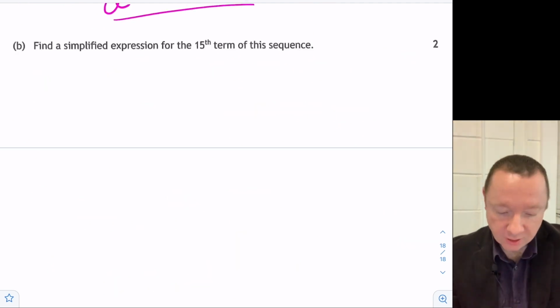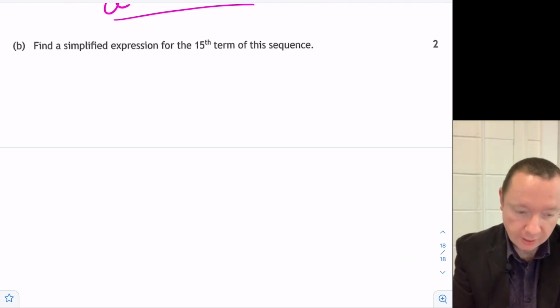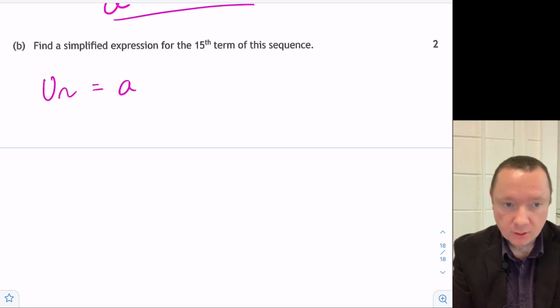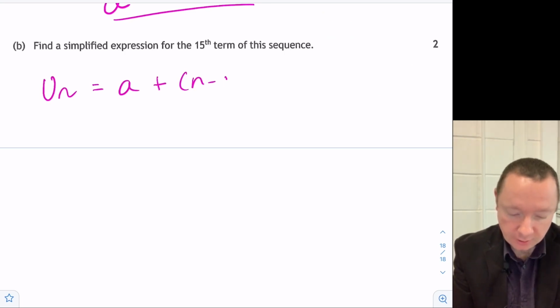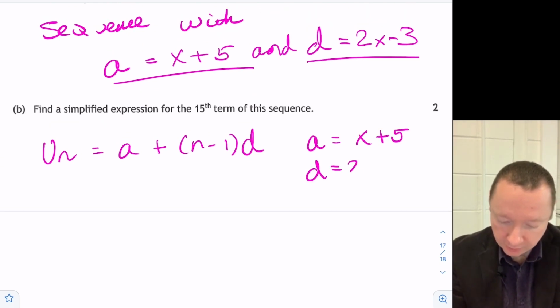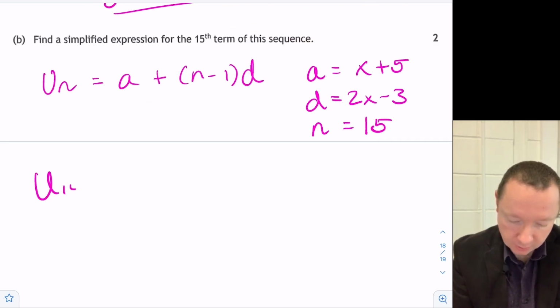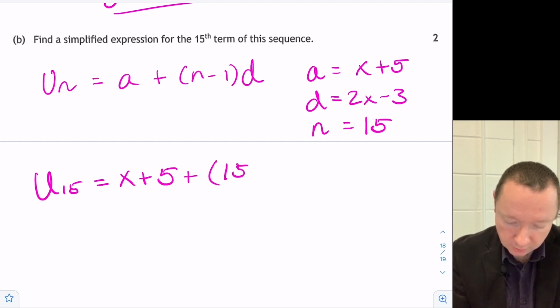Part B, find a simplified expression for the 15th term of this sequence. So un, remember, equals a plus (n minus 1) d, and we already know that a equals x plus 5, d is 2x minus 3, and n is 15.